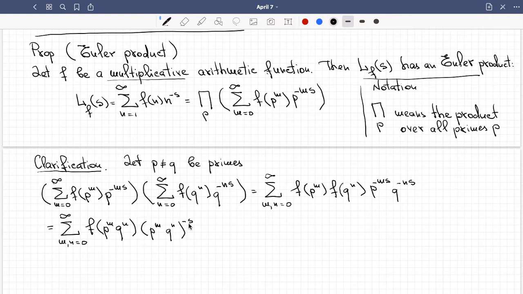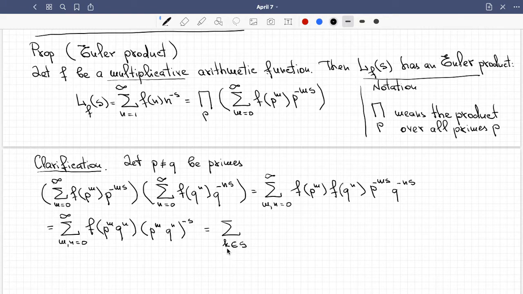And now the series we obtained here is quite similar to the series which stands in the definition of our L function. We can write it as sum over, say, k in some set S. In a moment, we'll see what the set S is.